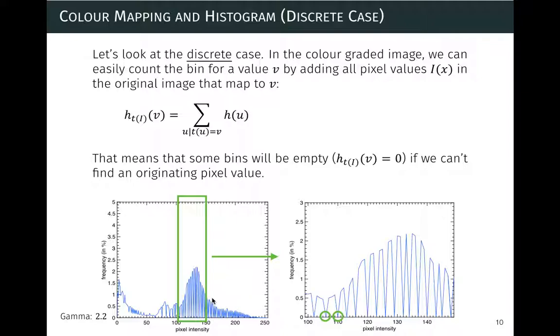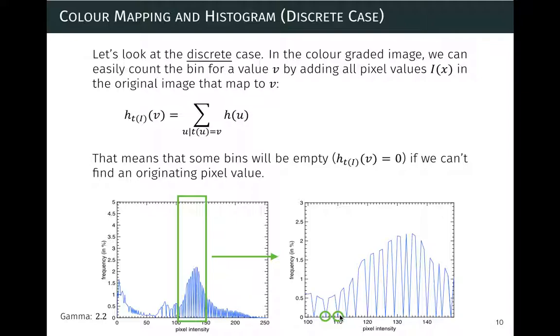So if you look carefully at this value here from your histogram, that's a zoom on the mapped histogram. If you look at the value 110, it turns out that there is no value in our range in the existing picture that mapped to 110 after color transformation. So therefore, you don't count any pixels in your transformed image. You don't have any pixels that have 110, and therefore the histogram is 0.